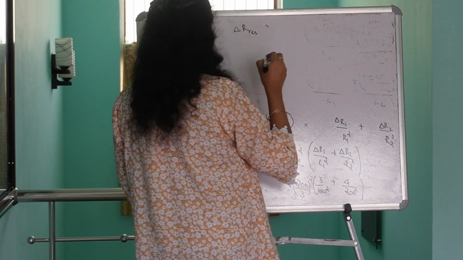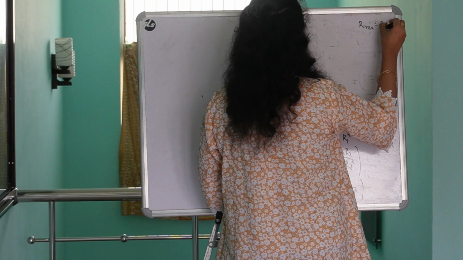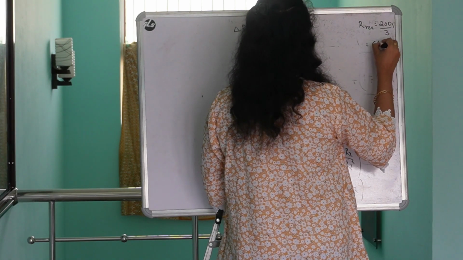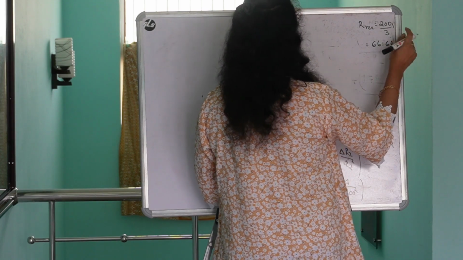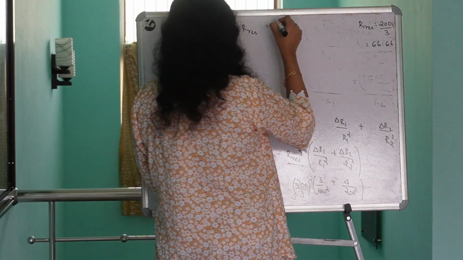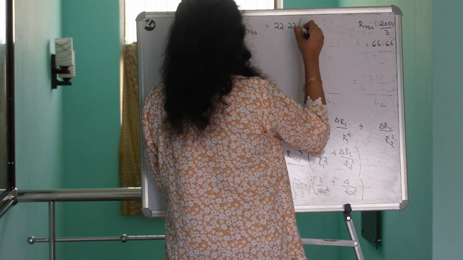Del R resultant value. We already found R resultant when two resistors are connected in parallel, that is 200 by 3, 66.66. Now the square of this particular value is 22.22.